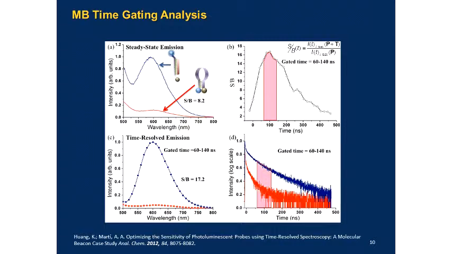The way that you calculate the signal to background ratio is that you divide the signal of your probe plus target by the signal of the probe itself. So basically, if you do it in time, it's an exponential decay, or in this case, a multi-exponential decay, because many molecules have multi-exponential decays.